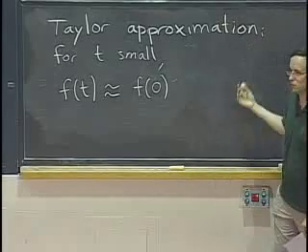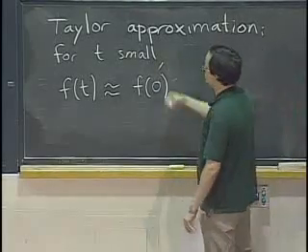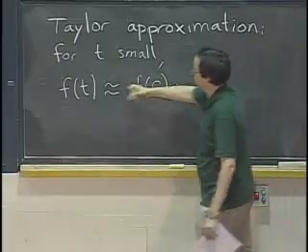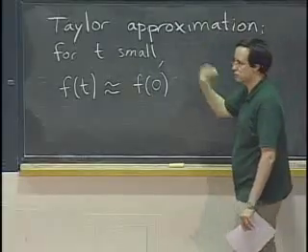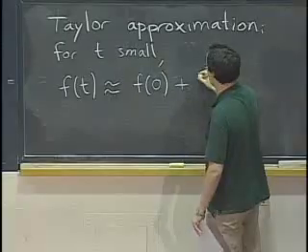That's the roughest approximation. If we want to be a bit more precise, we know that when we change by t, t times the derivative comes in. That's the linear approximation to how the function changes.